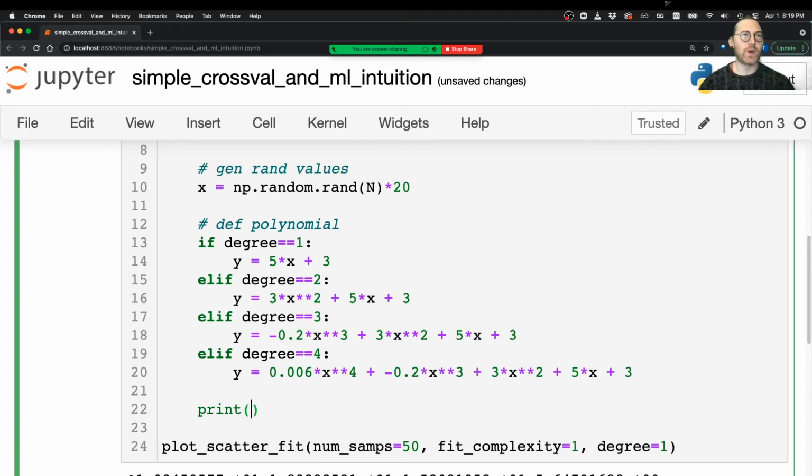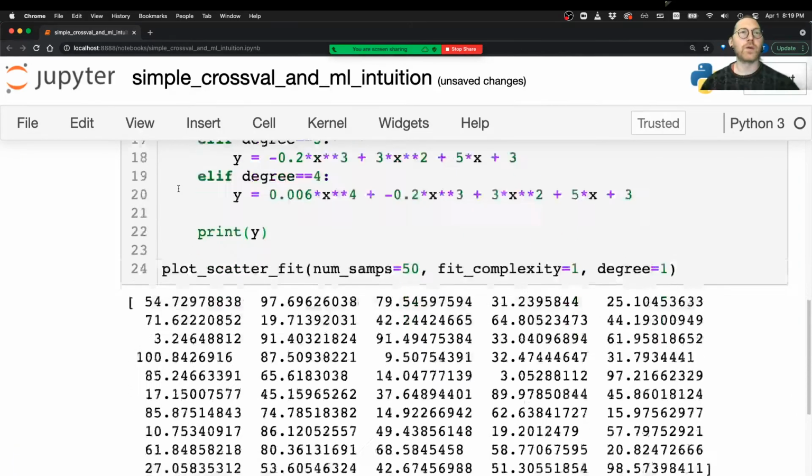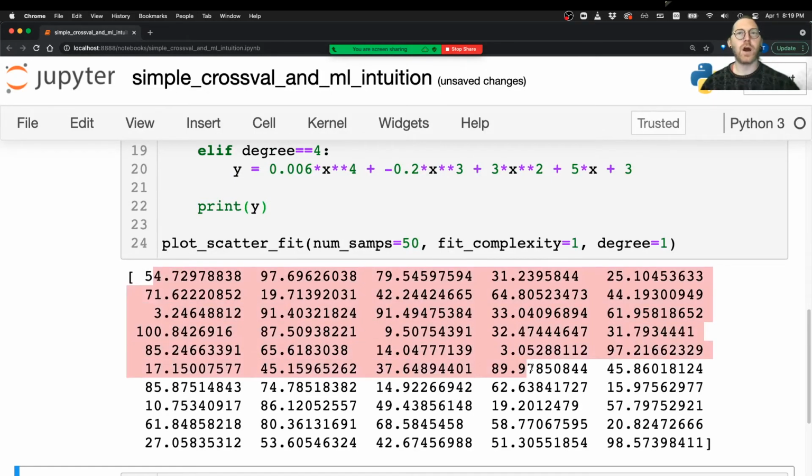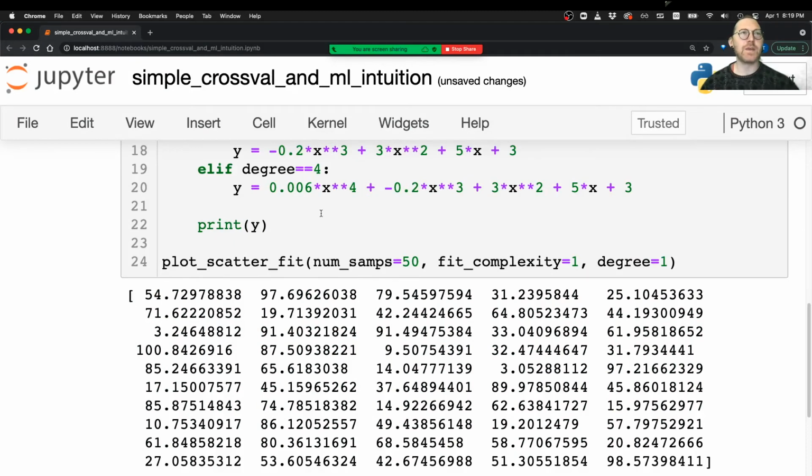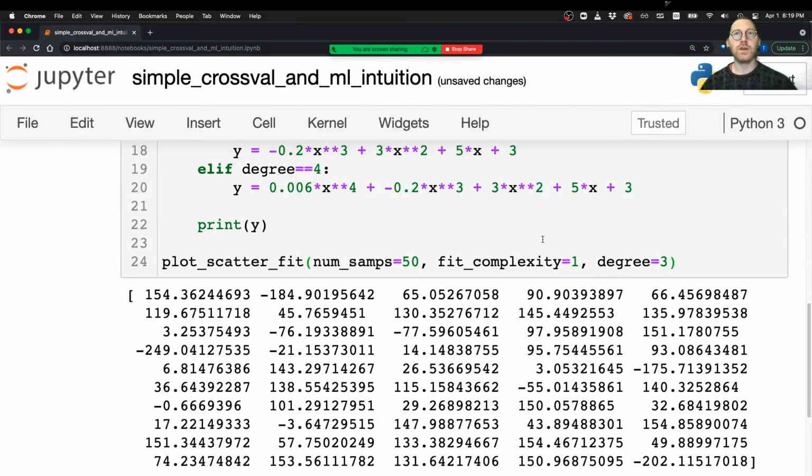So why don't we just print y? There we go. Here are our y values. If I run this again, it should be the same, and it is. And if I change the degree of the polynomial to, say, 3, those will be different, but they'll always be different in the same way. And that's what we're looking for.